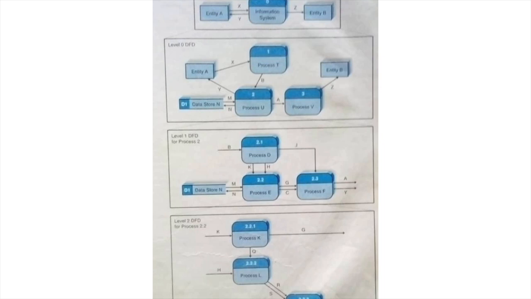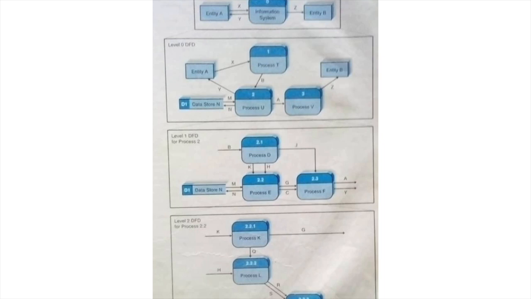How do you recognize a context diagram? The process there is represented with the number 0. If you see a 0 on a process, it shows that it is a context diagram, and the name usually bears the name of the system being modeled.